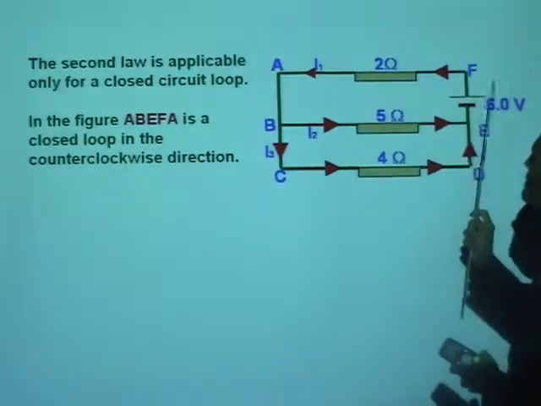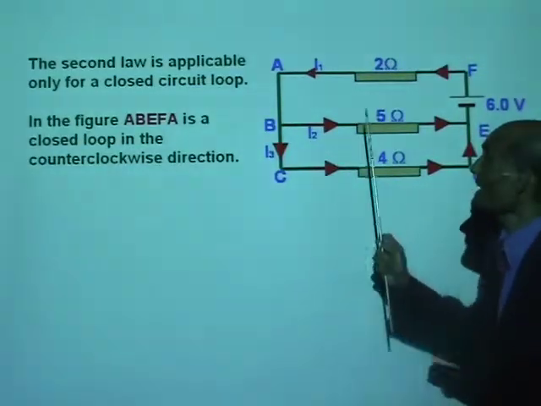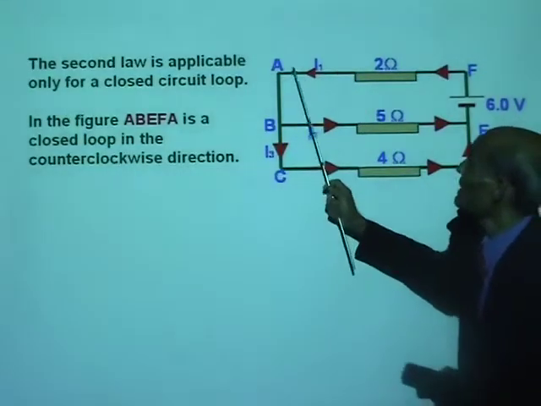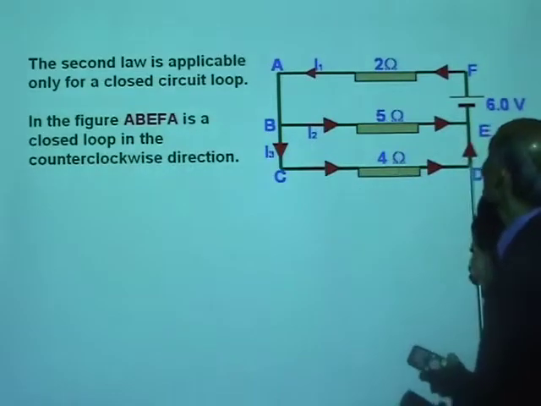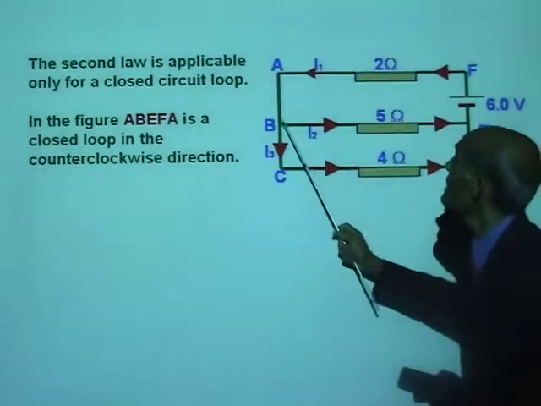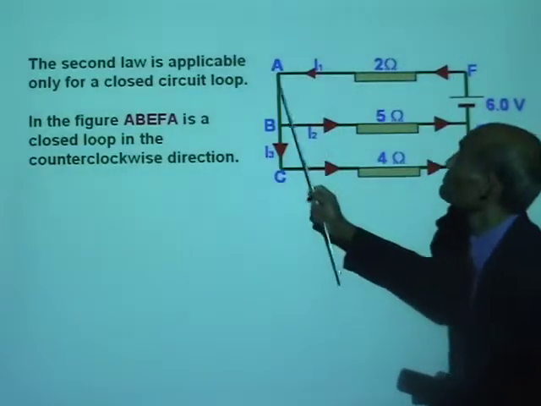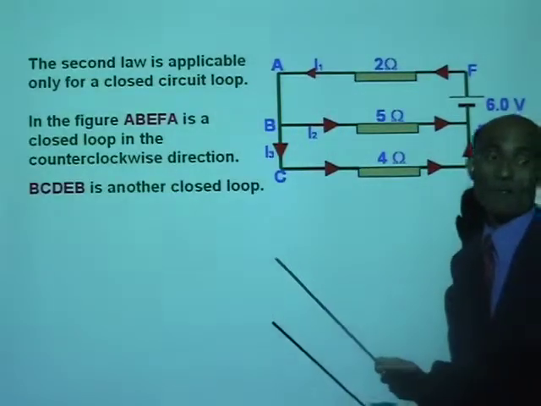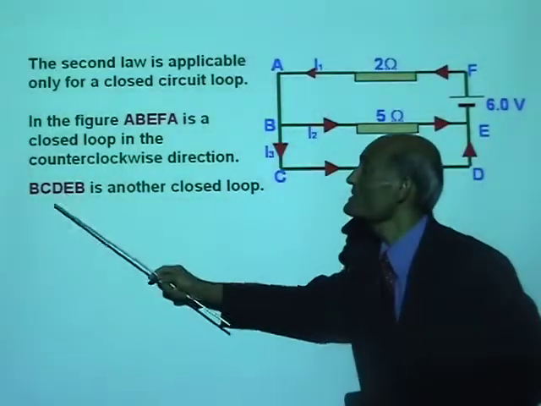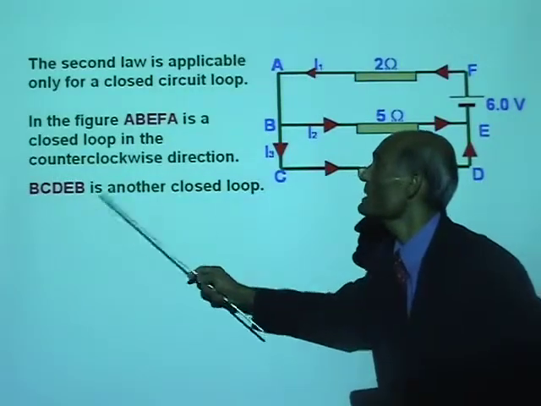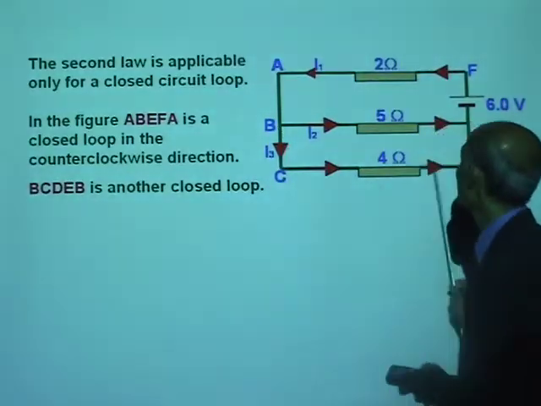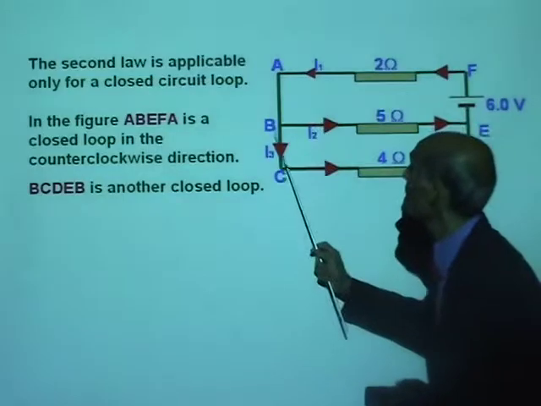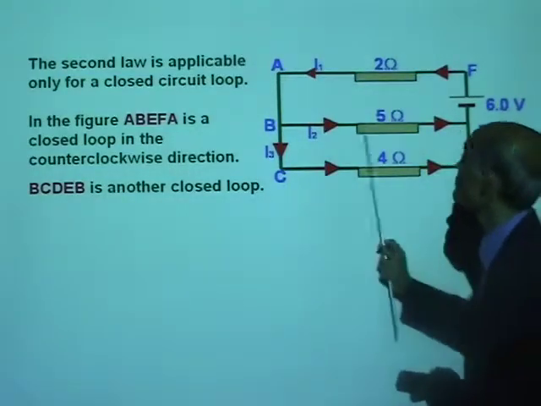Now tell me how many closed loops can be found in this circuit. A, B, E, F, A is a closed loop. Now B, C, D, E, B. B, C, D, E, B is a closed loop.